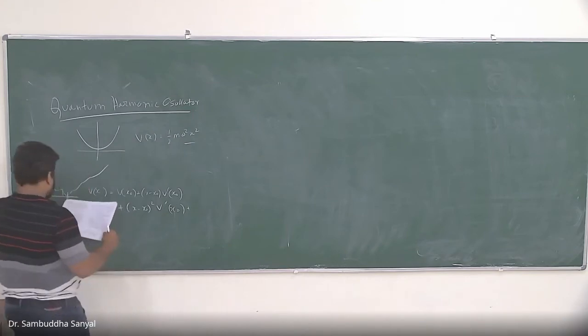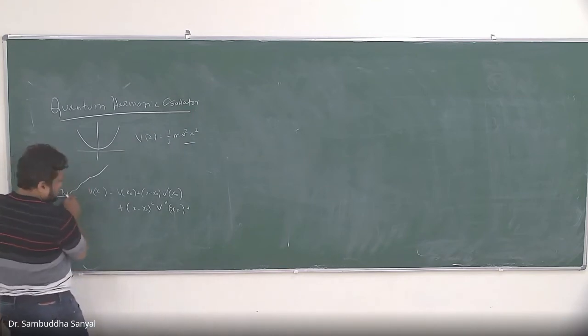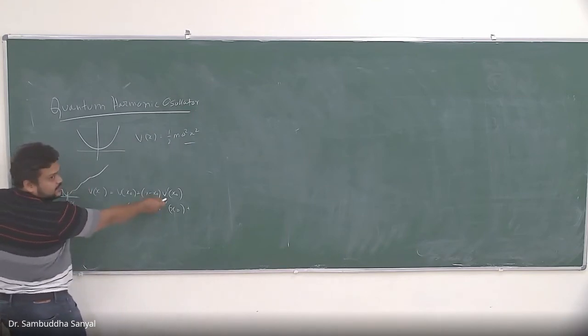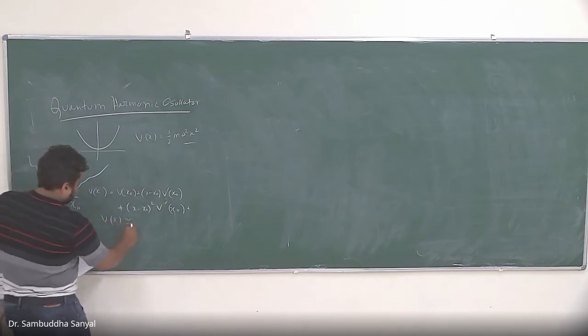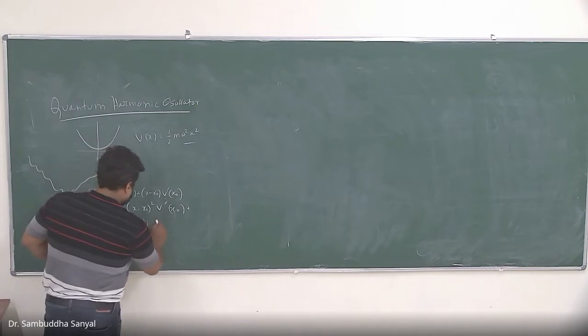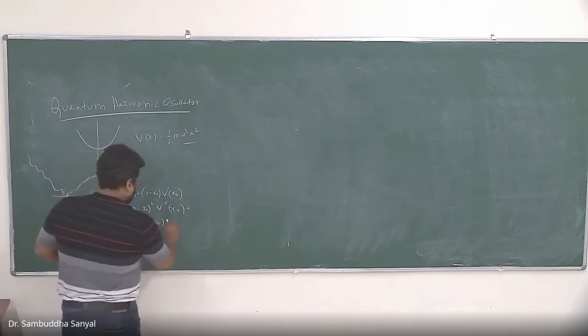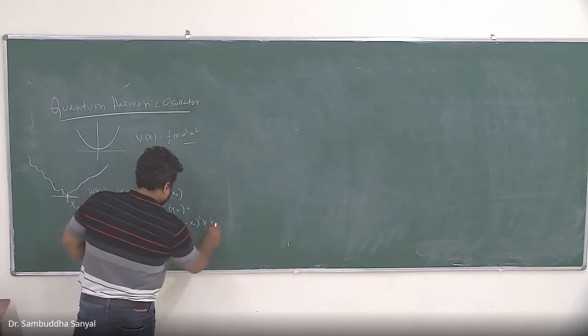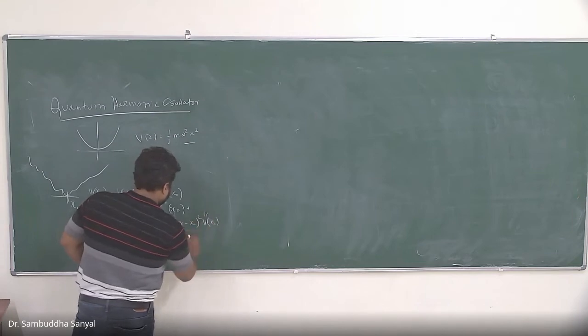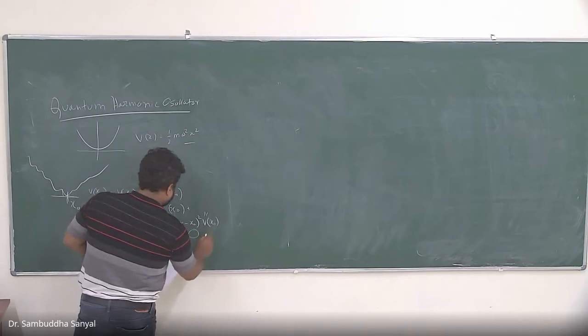If it is a minimum, the first derivative will vanish. So V(x) will be approximately V(x0) plus (x minus x0) squared V double prime(x0) plus higher-order terms.